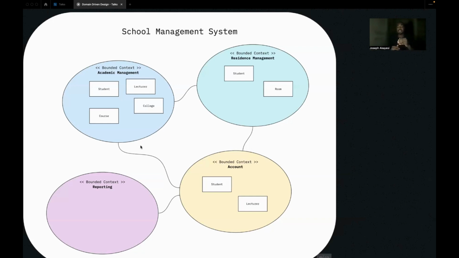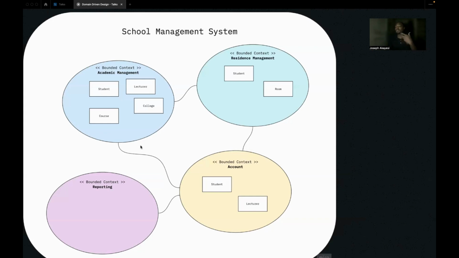Similarly, we can see the accounting bounded context, for example, which has a student and a lecturer there again. Yes, there's a repeated entity between the two contexts. However, a student in an accounting sense may differ from a student in an academic sense. Usually we want to see this difference, right?